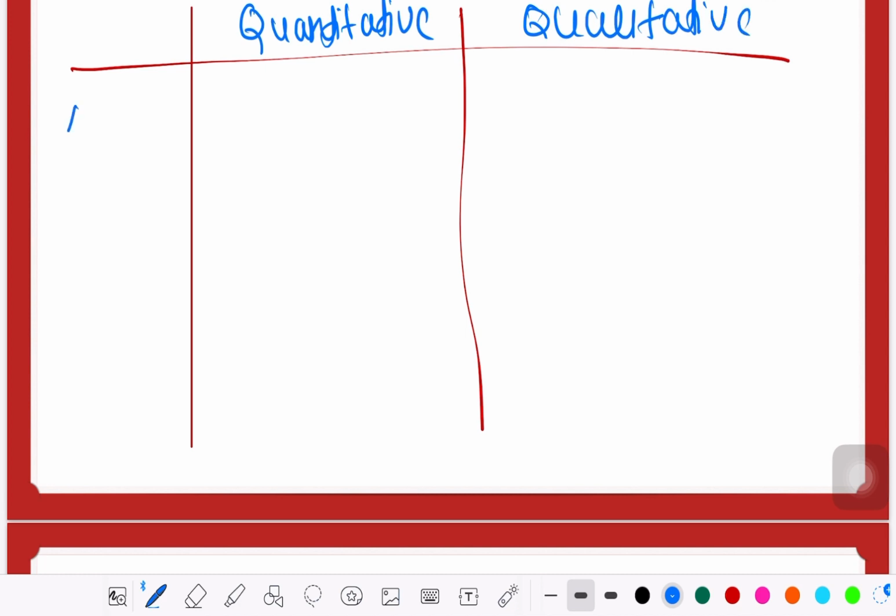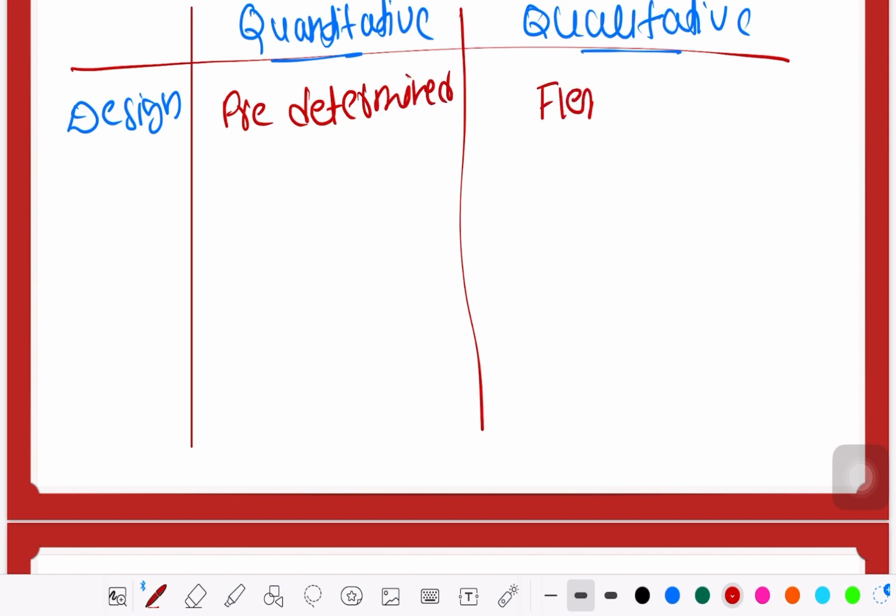Next, what is the nature of design in quantitative methods and in qualitative methods? For example, in quantitative methods the research design will be predetermined, while in qualitative methods it will be flexible and emergent. It means that while doing the research, you get scope to change the research design according to the needs and situations. So one is design.